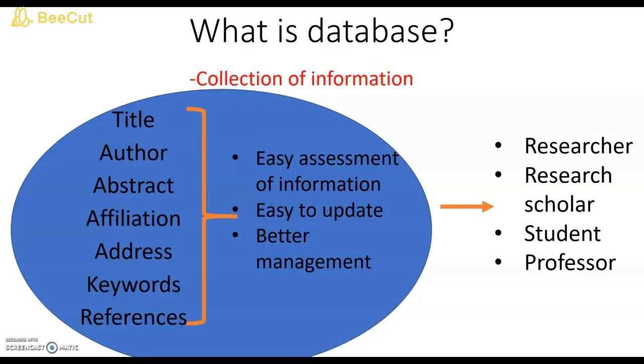It is made for easy access to information and for updating as well. It helps in better management of all this information. So this collection of whole information for all the research papers is called a database.